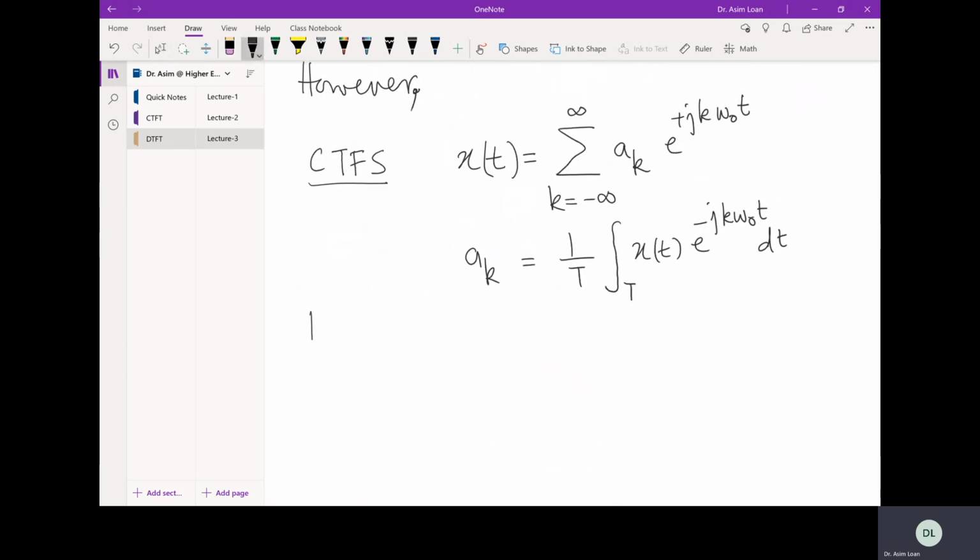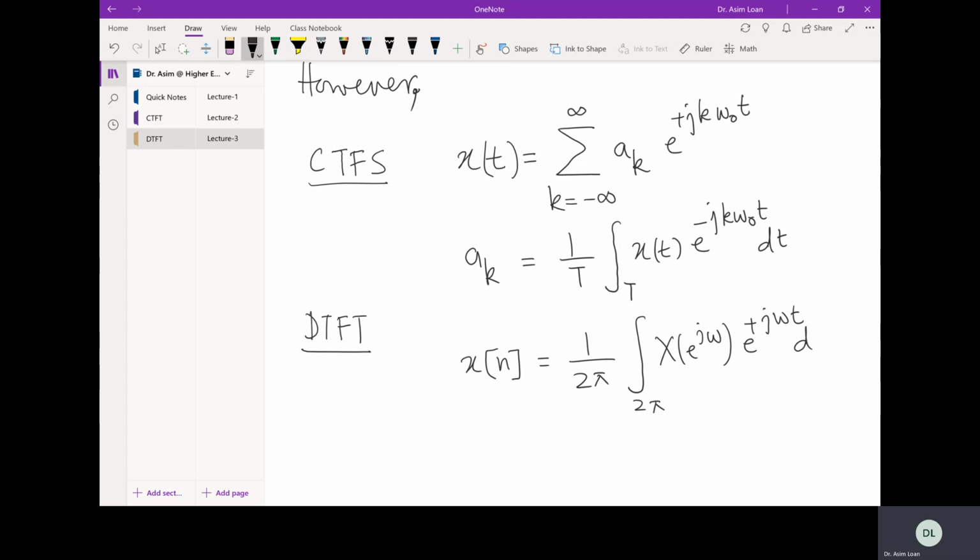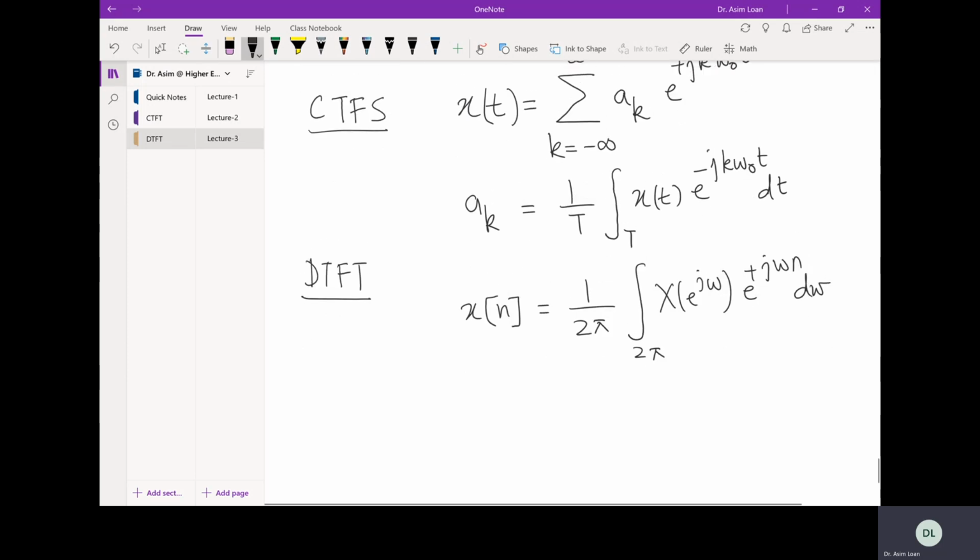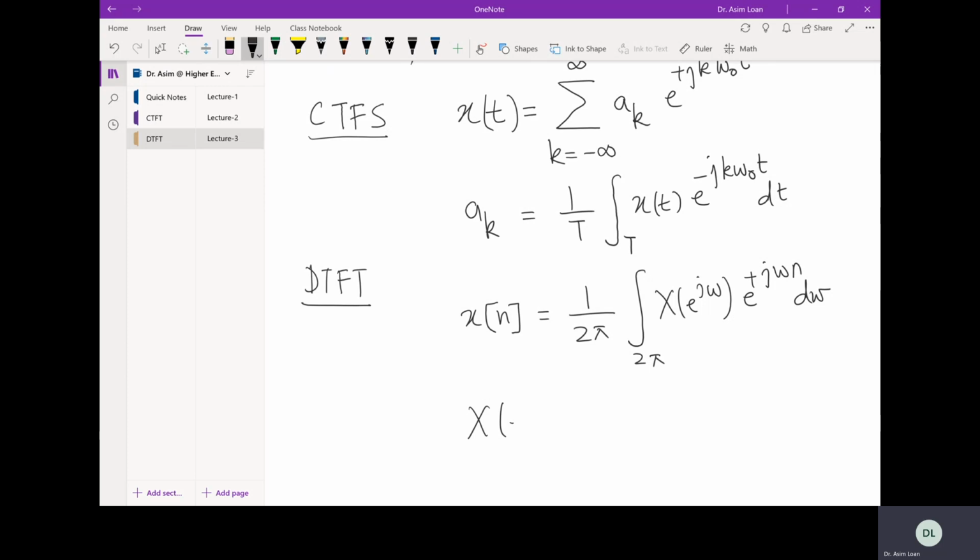For the discrete time Fourier transform, we have x of n equals 1 over 2 pi integral of x of e^j omega e plus j omega n d omega, and finally x of e^j omega equals the sum, and this is not an integral, this is a sum, n equals minus infinity to plus infinity x of n e minus j omega n.